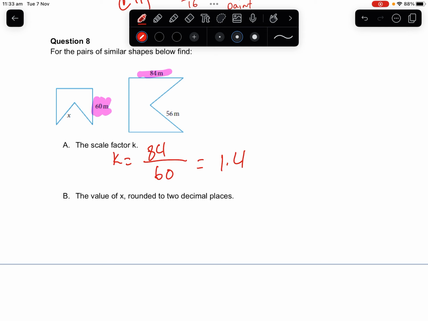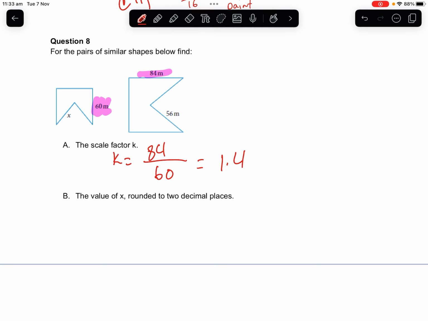Now 8b. Find the value of x, round to 2 decimal places. So to find the value of x, we're going to be using what we basically just found, the scale factor. So in here, we know that x and 56 is the same side of these two shapes.